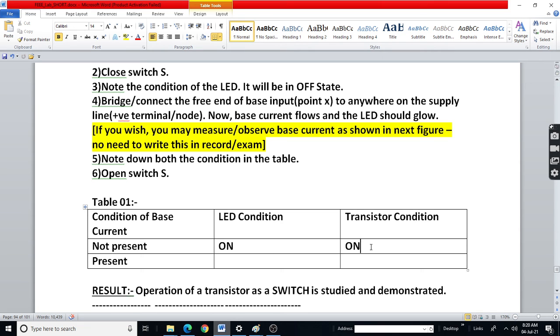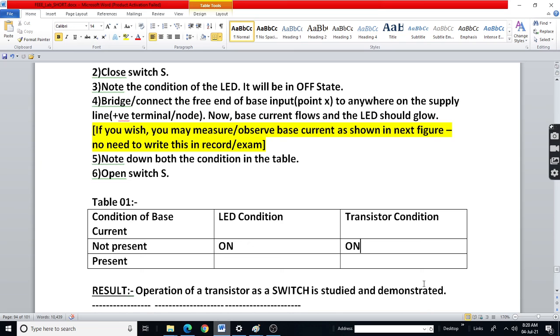Actually, in the circuit, the transistor gets on first, then the LED. Okay, actually together because they are in series. But when we say it like that, when the base conducts, collector conducts, because the transistor junction gets conducting, then only the LED becomes on.